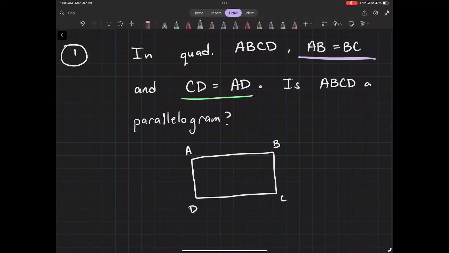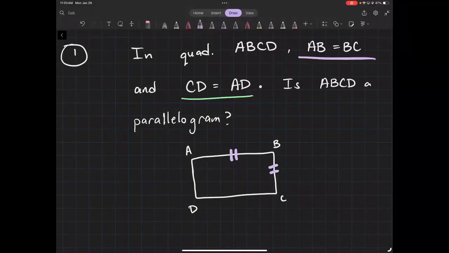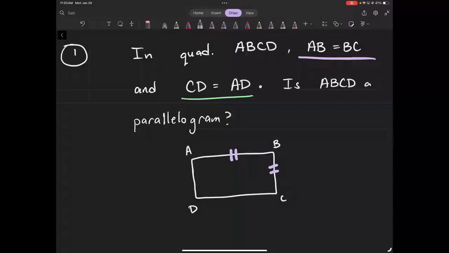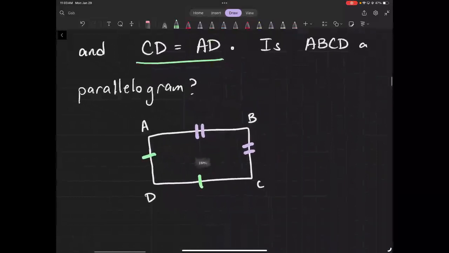So those 2 are equal to each other. They're congruent to each other. Did they tell us anything about the angle here? No, right? So the next part is CD and AD. They say that they are the same, so you're gonna mark those, tick those. With 1, okay, great. So you have that now, right?